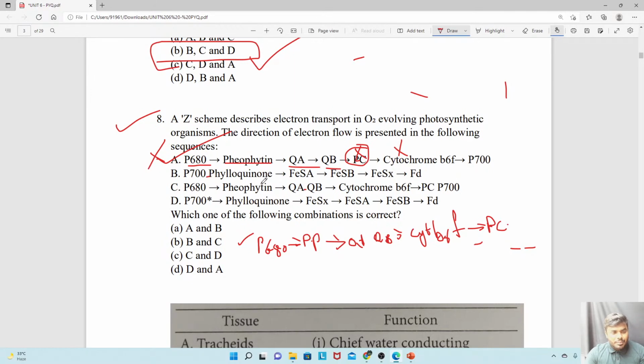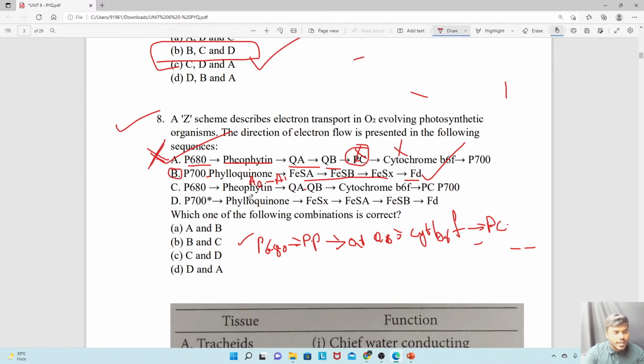Option B, P700 followed by the phylloquinone. Everyone remember what I told you: phylloquinone is called A1. Anyway, they did not give the A0. So P700, phylloquinone, iron sulfur A, B, X, FD. Absolutely true. Option B is right.